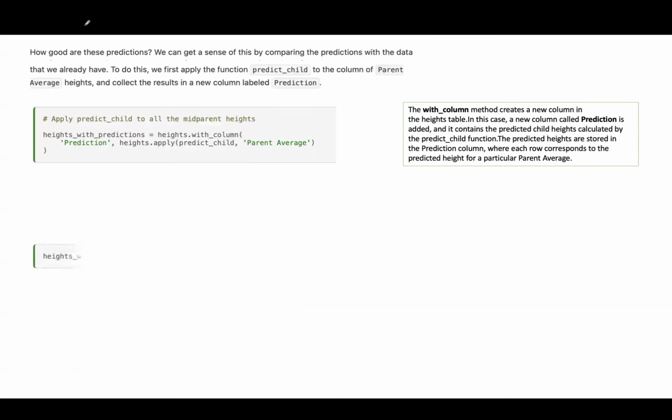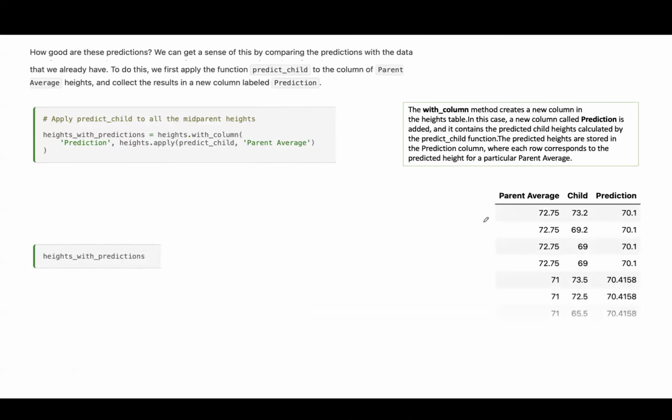So let us create a new column. This is our table, the parent average, the child's height, and the prediction.